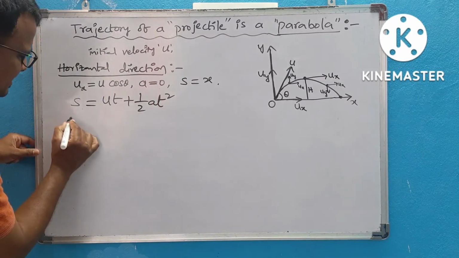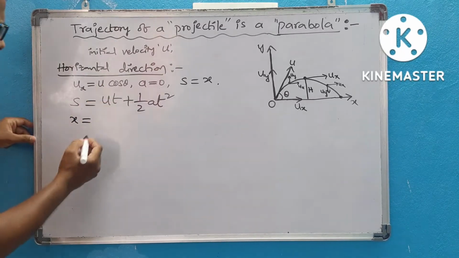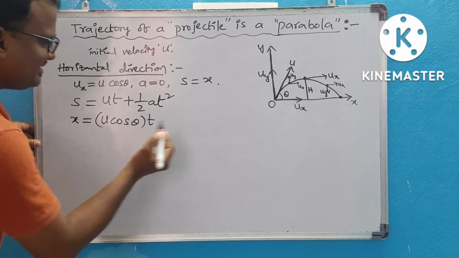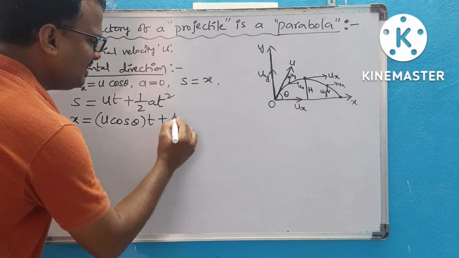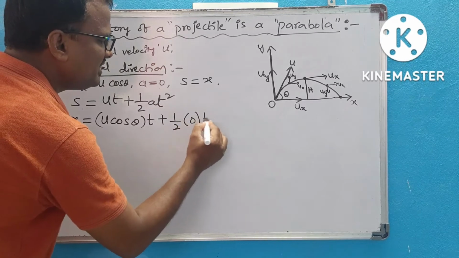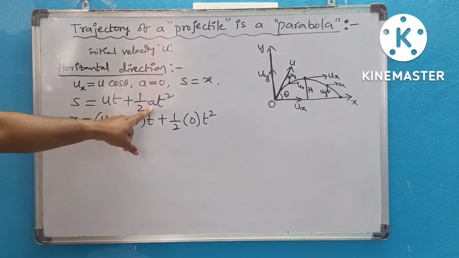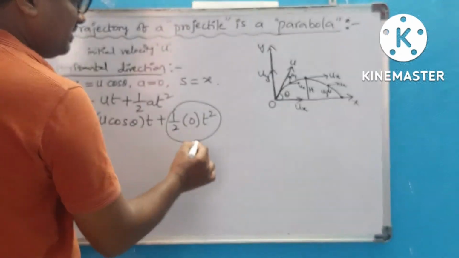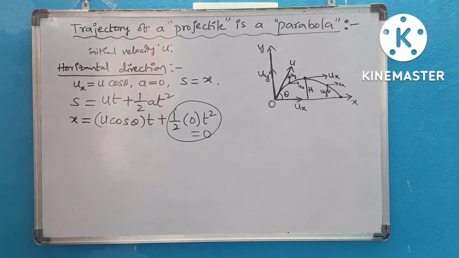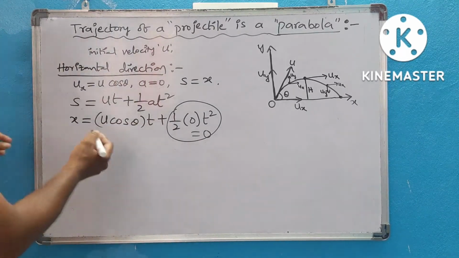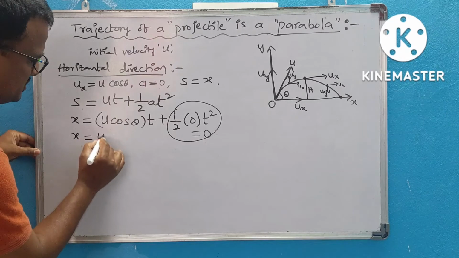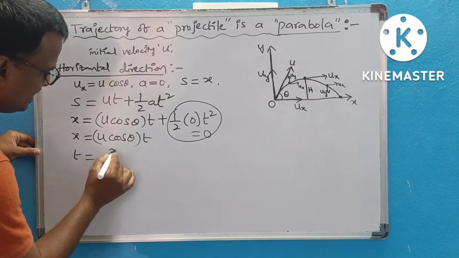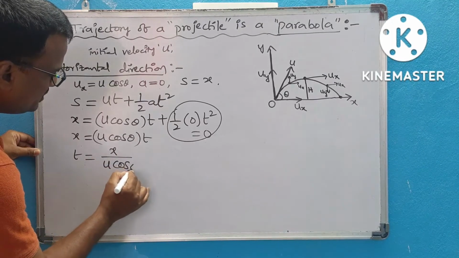So in place of s we can write x. So x equal to u cos theta into t plus half a t square, and in place of a we substitute 0. So this entire term will be equal to 0, half into 0 into t square is 0. So we get x equal to u cos theta into t, and t equal to x by u cos theta.